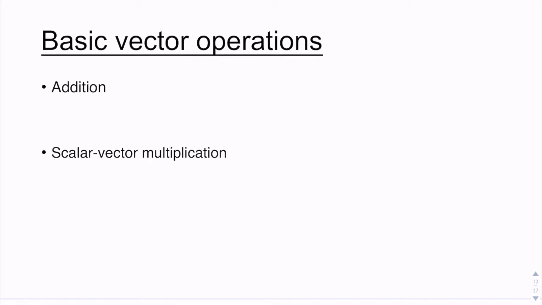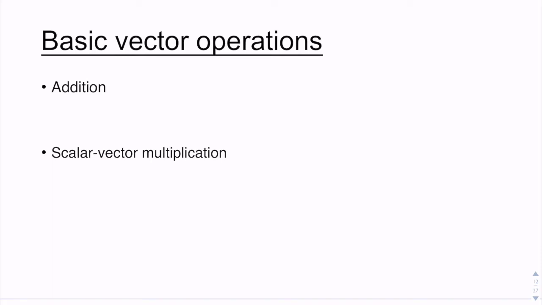When it comes to multiplication in data science, you should be very careful, because multiplication of two vectors and multiplication of two matrices have different definitions. But addition is kind of straightforward.